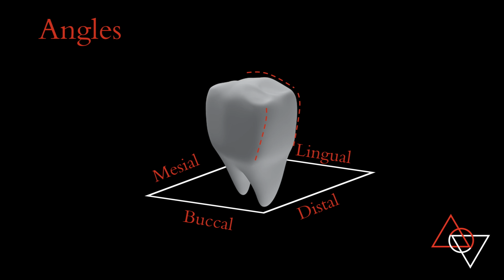So now this would be the mesiobuccal line. And here it's very important that usually mesial or distal is used first, then facial and lingual, and lastly occlusal or incisal. So for example, this line here would be linguoincisal.